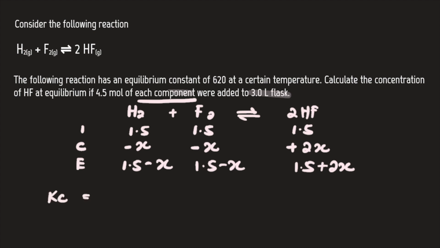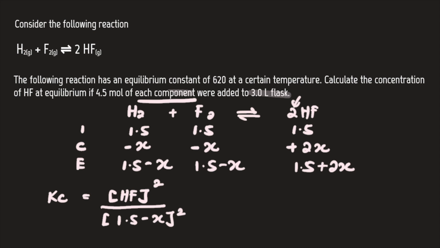So what is your Kc? Whatever in the product, because here you have 2, so to the power of 2, divided by whatever in the reactant, which is 1.5 minus x to the power of 2.